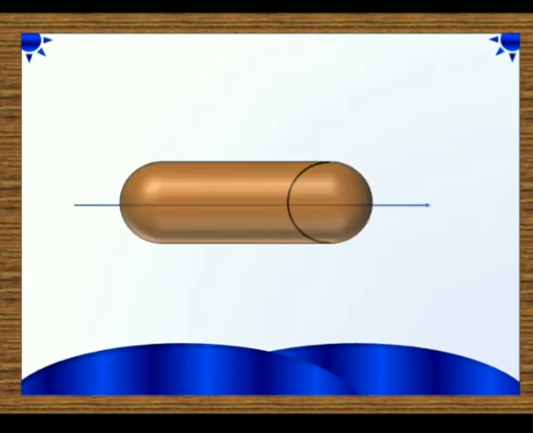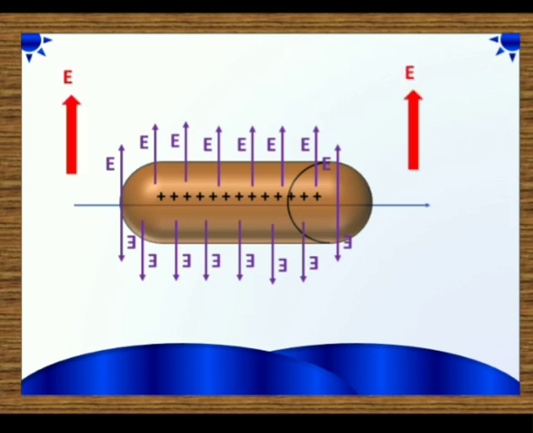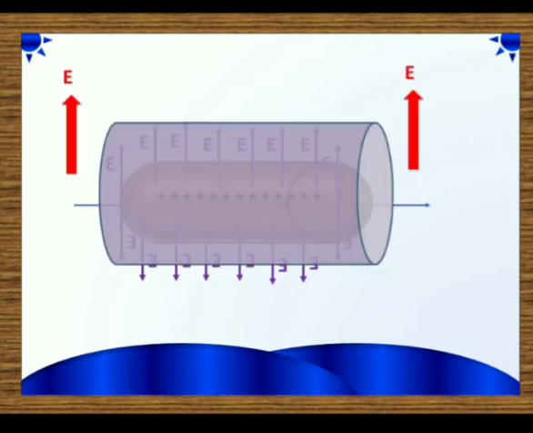To understand this, you see this is a 3-dimensional figure of a cylinder. This is the axis, and on that axis there is a plus charge distributed. Now, what is the direction of the electric field? Always outward from the charge center. This is my direction of electric field. Now, if I zoom in, this is the 2-dimensional figure of a cylinder.